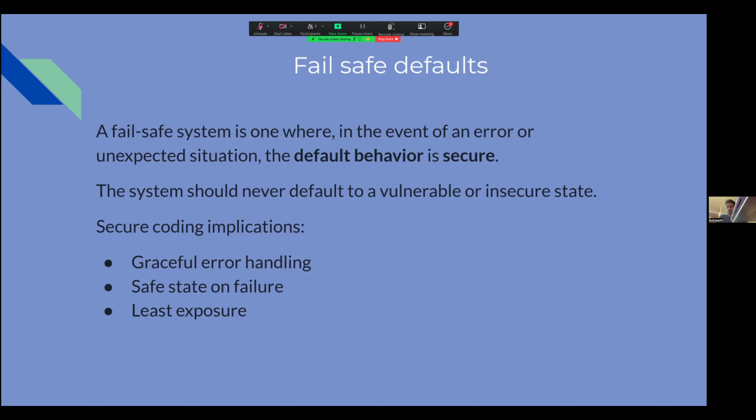It's not tied to a particular functionality. It's more of a mindset, more of how you handle things, I would say.